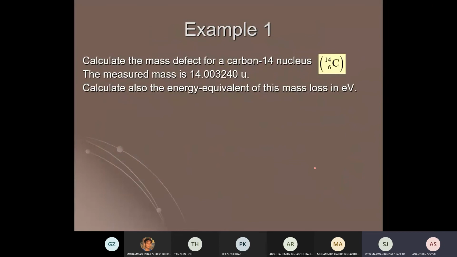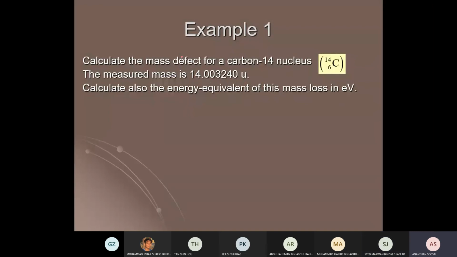Now, one example. Calculate the mass defect for carbon-14 nucleus. The mass of carbon-14 is found to be 14.003240 U. This is the mass of the nucleus of carbon. Calculate the mass defect.